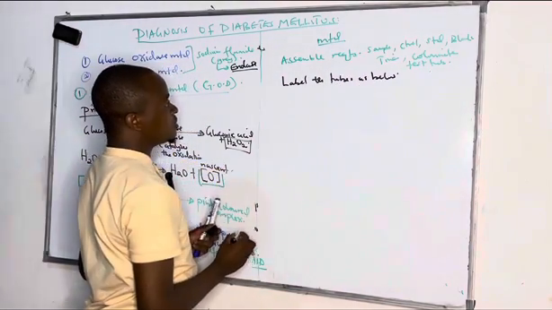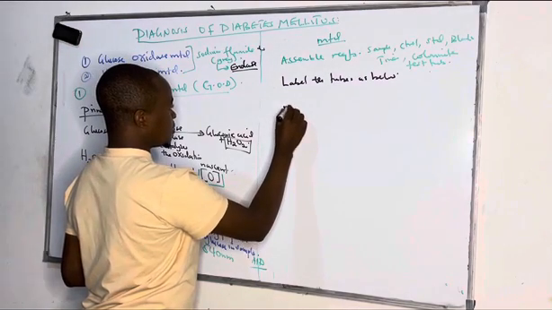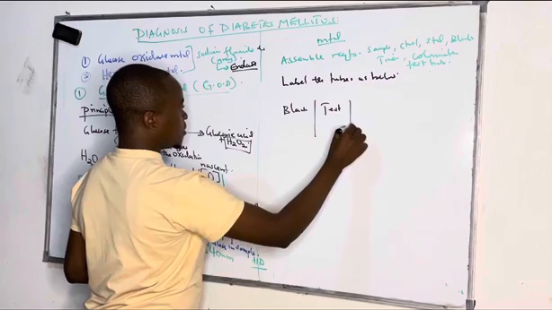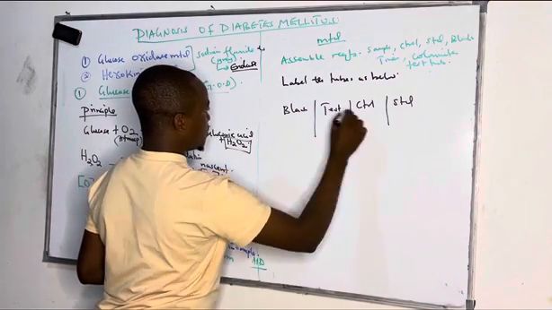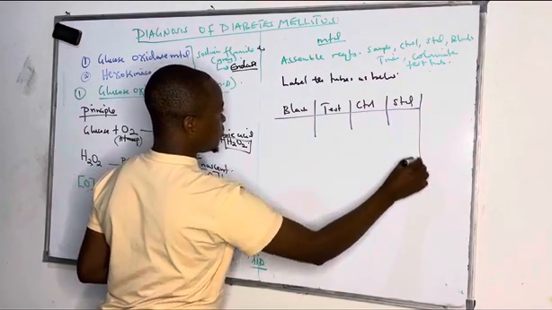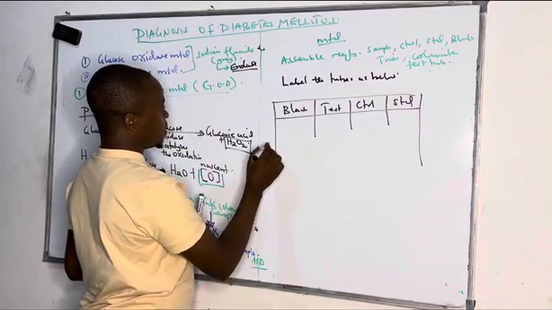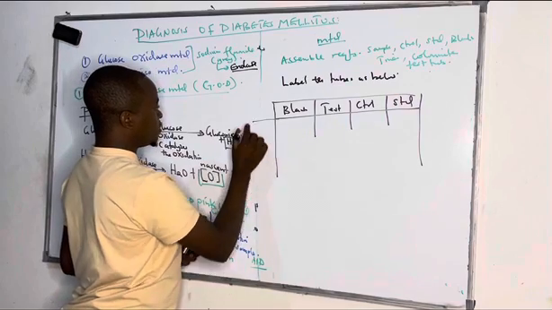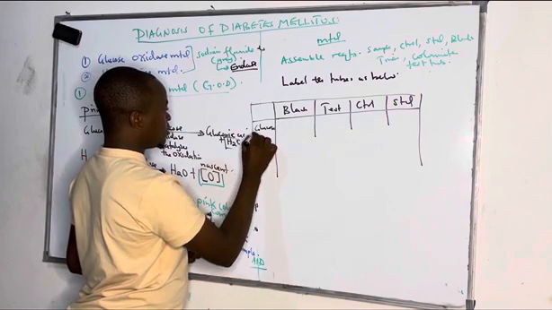We label the tubes whereby we shall have the blank, the test, the control, and the standard. And here we shall have glucose reagent.